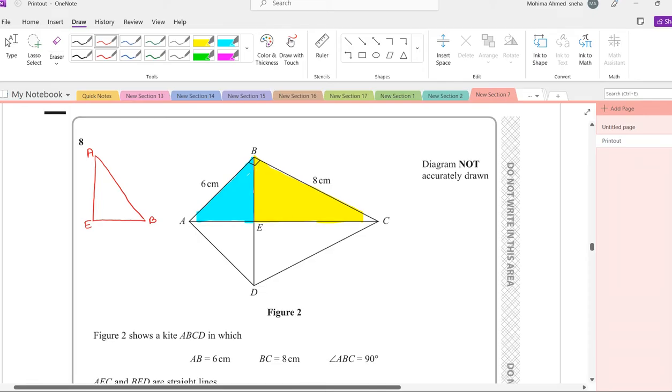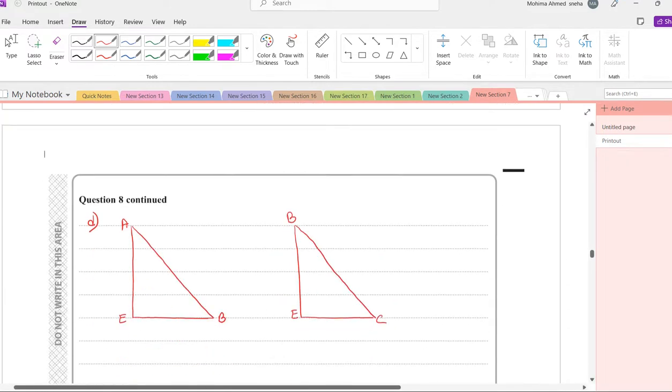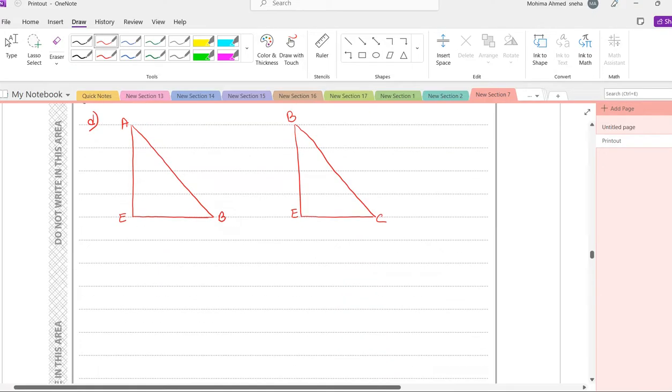Now again we move back to the entire original diagram. We can see that AC was the diagonal and BD was also the diagonal, and we know for the kite the diagonals always intersect each other at a right angle. That means here the angle will be 90 degrees. So from that knowledge we can say that angle AEB and angle BEC are 90 degrees. So let me write that first.